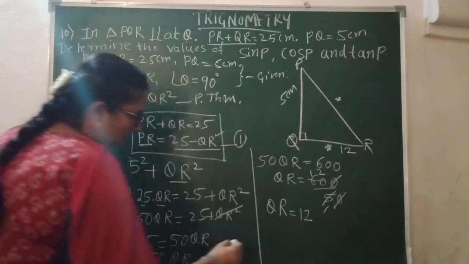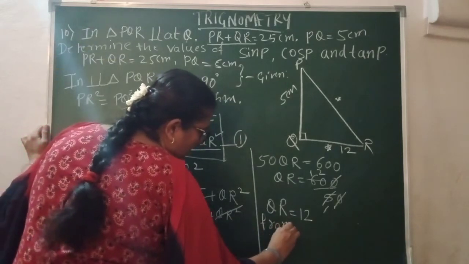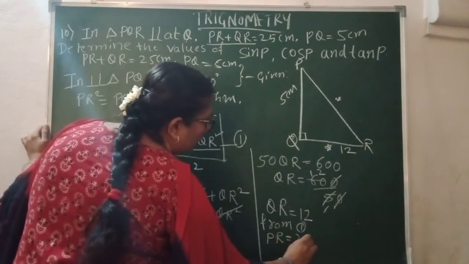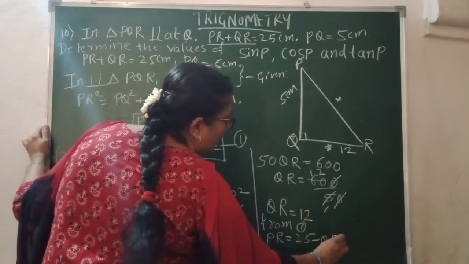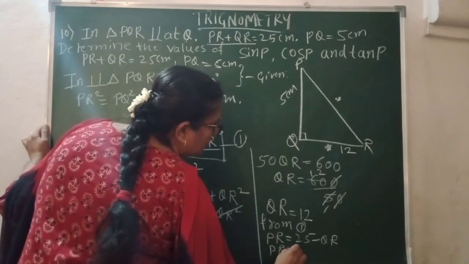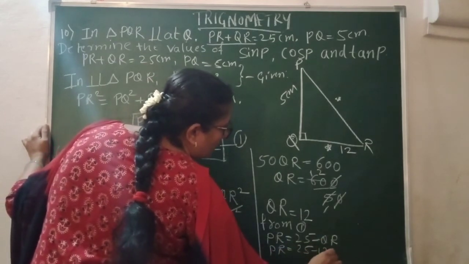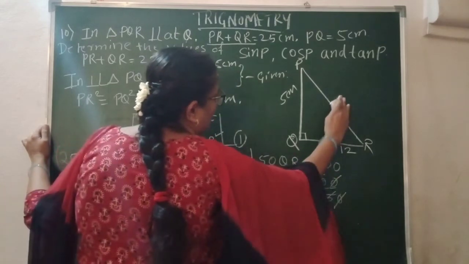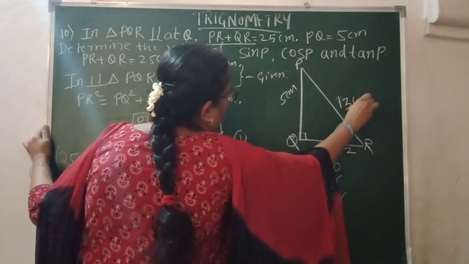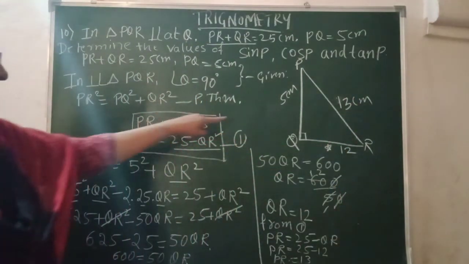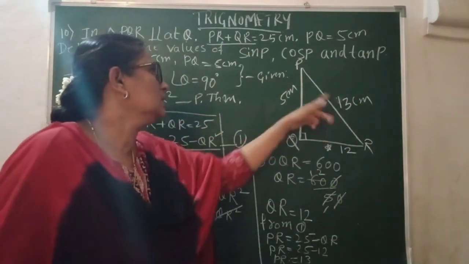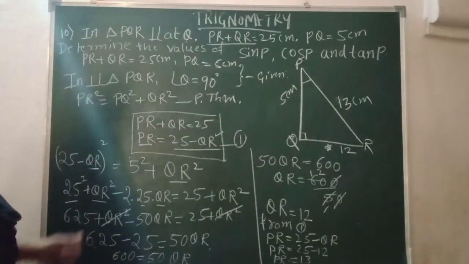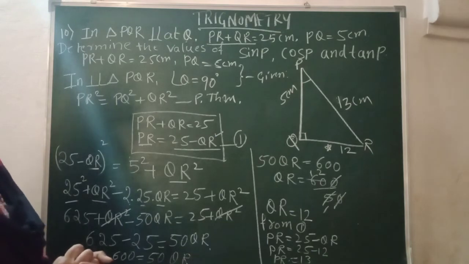So from 1 you can write PR is equal to 25 minus QR, so PR is equal to 25 minus 12, that is equal to 13. So PR is 13 centimeter. That means all the values you know now, and whatever trigonometric functions you are asked, you can find very easily with the help of these.